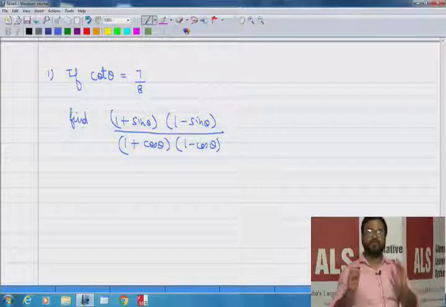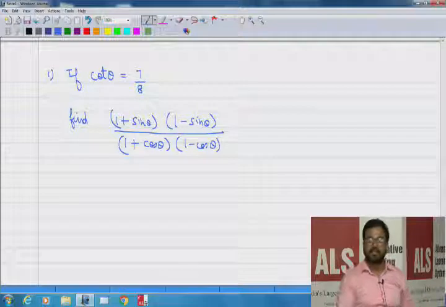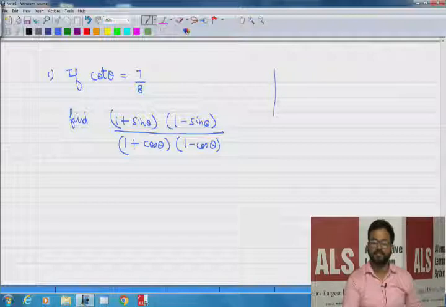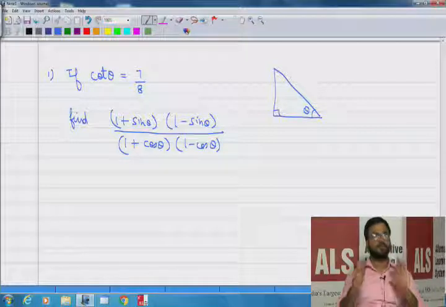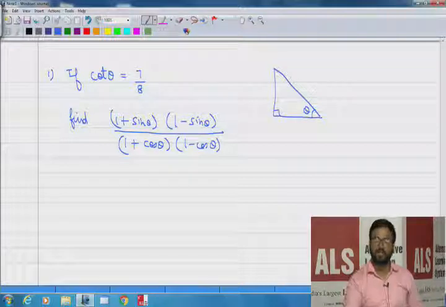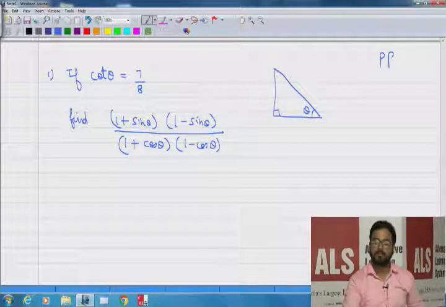First of all, whenever you see cot theta is 7 upon 8, first of all draw a right angle triangle. Yes, that is right. So this is a right angle triangle. Let's say this is my theta. This is the first step you have to do. After this, remember which two sides cot theta represents the ratio of. Just write that formula, PBP HHB.